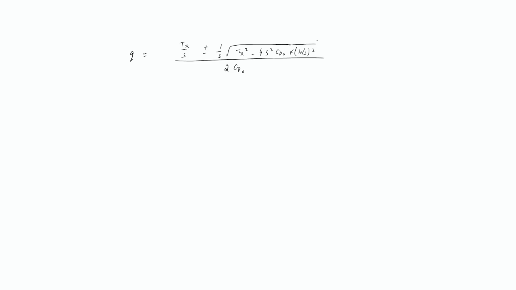Okay, fine. So this equation can again further be written as TR by S plus or minus 1 by S square root of TR square minus 4 into S square CD naught K W by S whole square, divided by 2 CD naught.